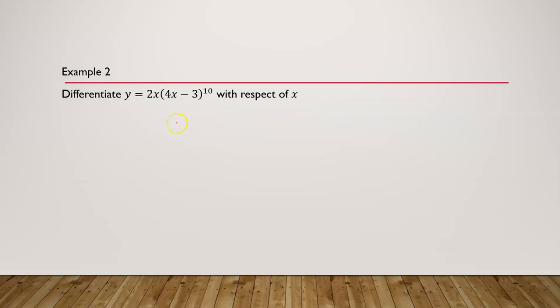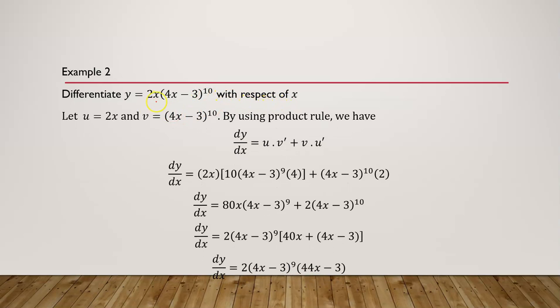Example number 2, differentiate y equals 2x(4x minus 3) power of 10 with respect to x. So in this case, we have two different polynomials here. The first one is 2x, and the second one is (4x minus 3) power 10. So in this case, we will use the product rule.